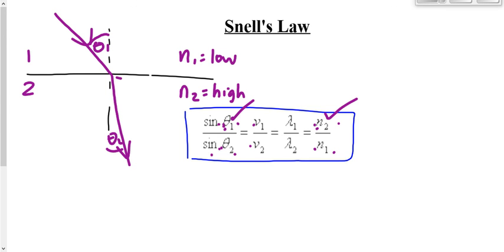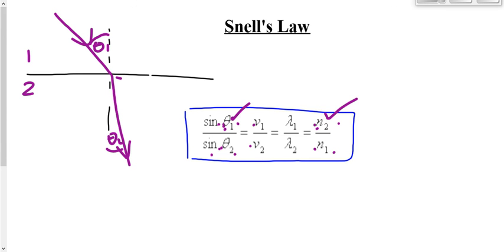So what do you see in this case here? If I simply draw this, we would know by the relationships in this equation, if theta is going down, it's decreasing in speed, it's decreasing in wavelength. Frequency, by the way, will stay the same. Frequency never changes once a wave has been made. The speed goes down, the wavelength goes down, and the index of refraction is going up.